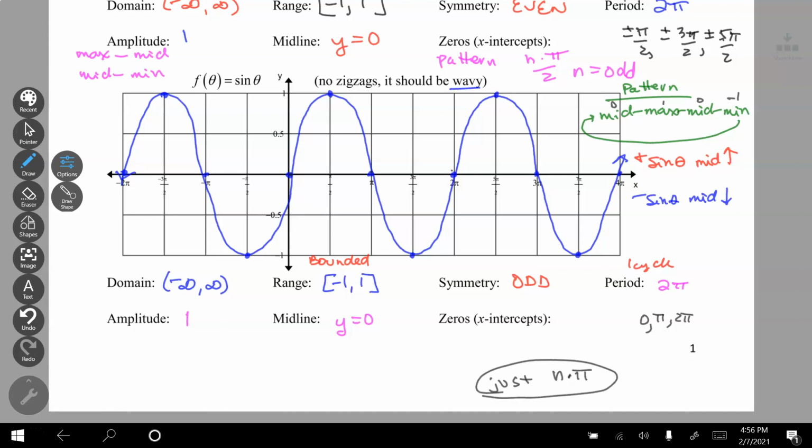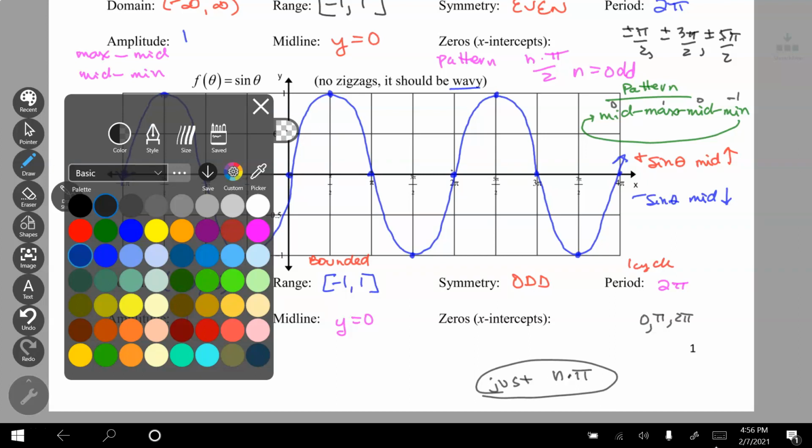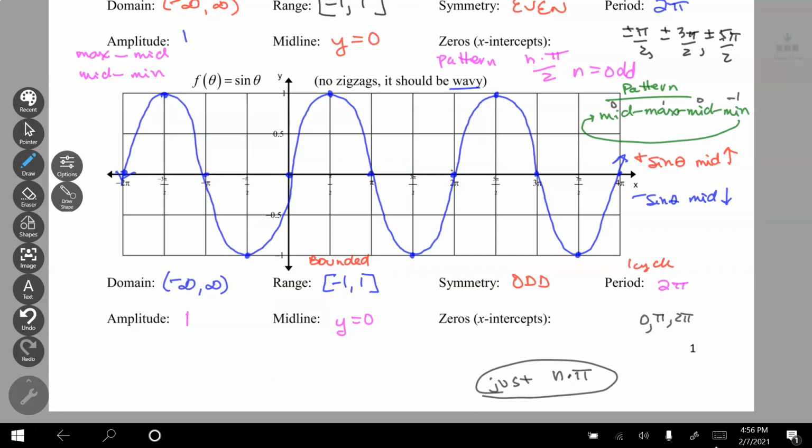I'm going to use the same idea I did before, and we really call it n times pi over 2, but now n is equal to an even number. 2 pi over 2, 4 pi over 2, 8 pi over 2. Anytime you have an even number, those are the x-intercepts or zeros for this graph.